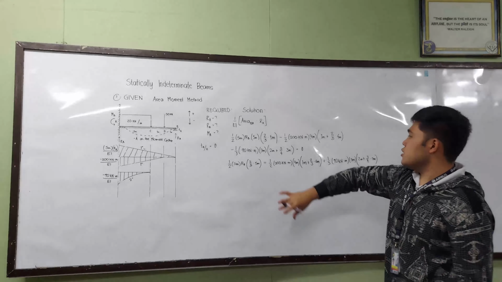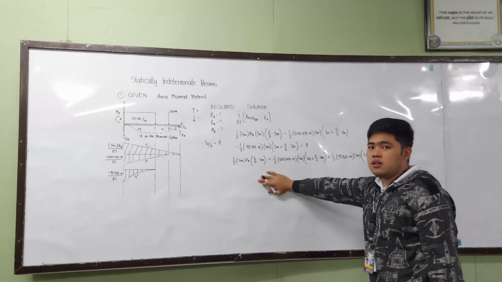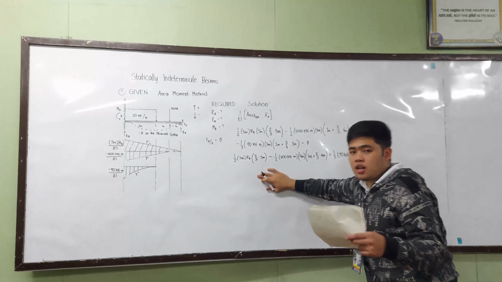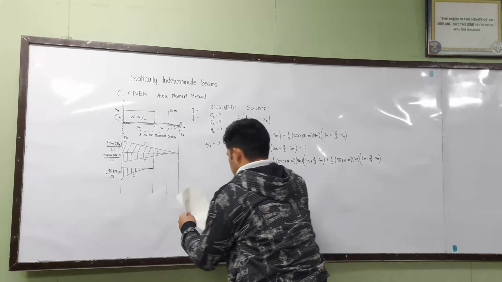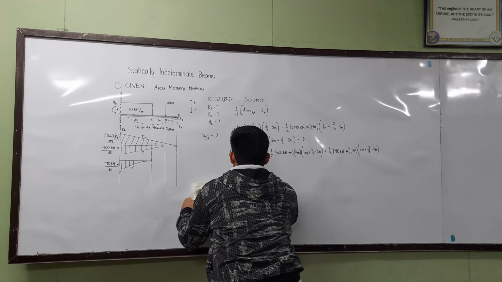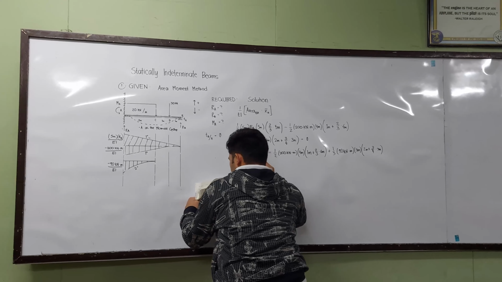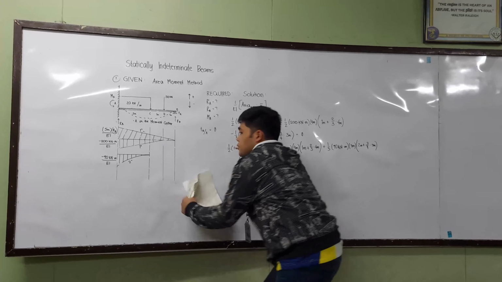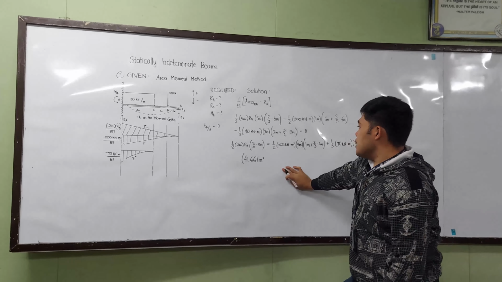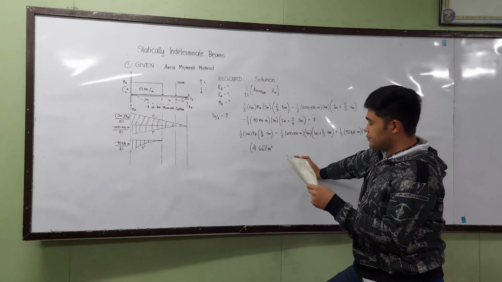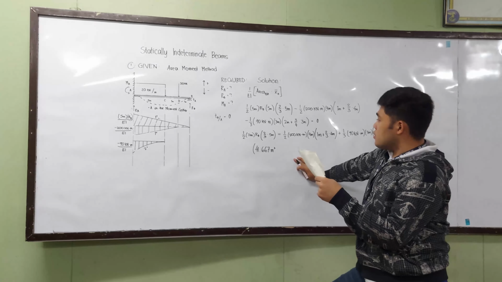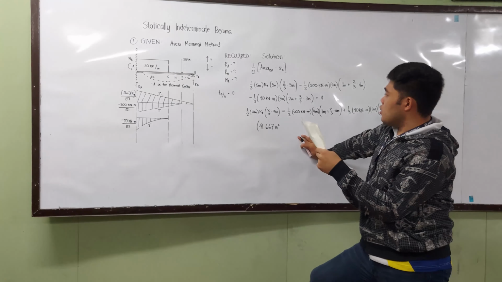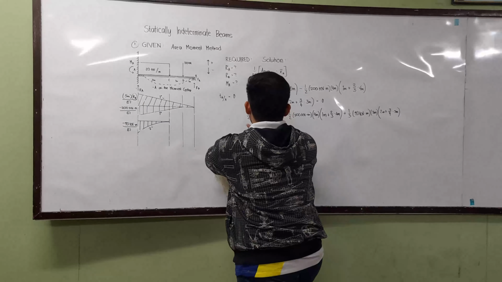Now we have this one. Okay? By calculating these values, we get an answer of 41.667 meters cubed. It's meters cubed since, oh, I forgot to write this.